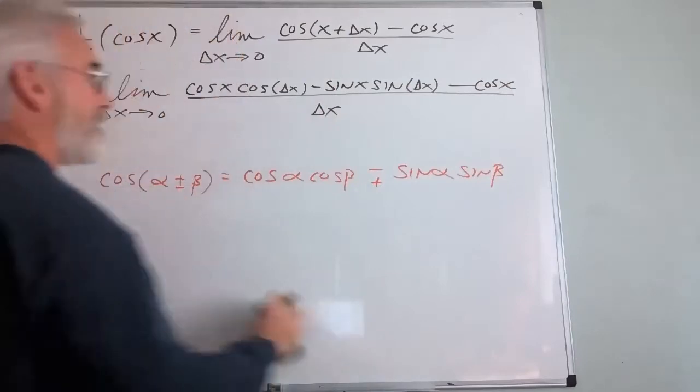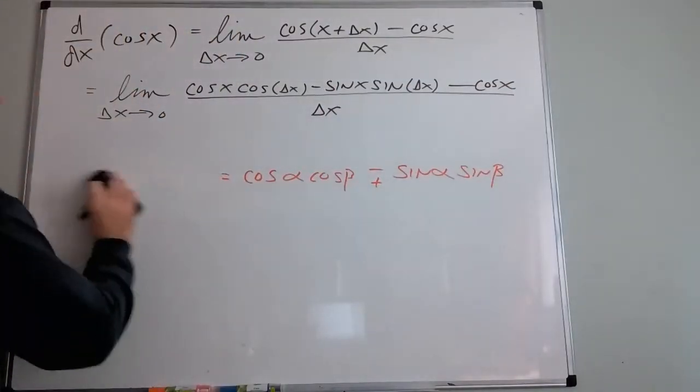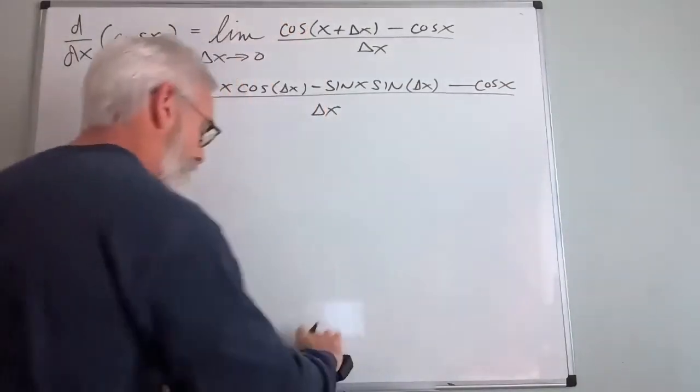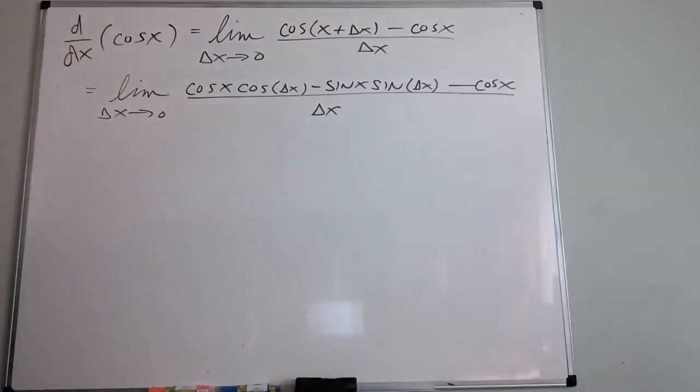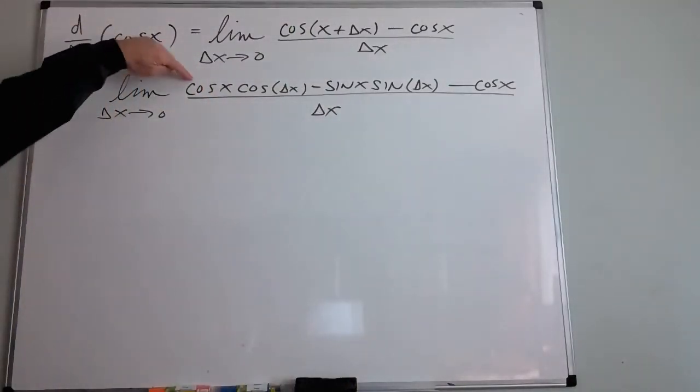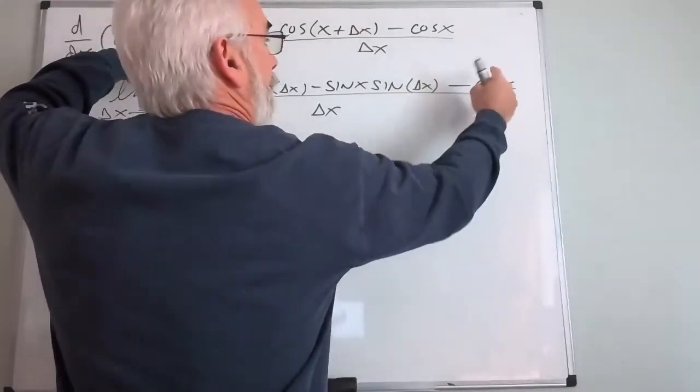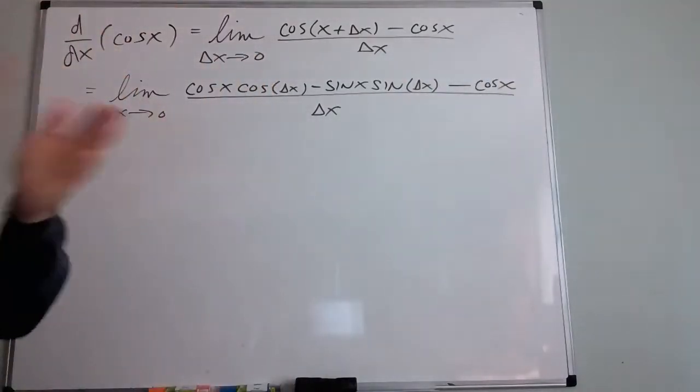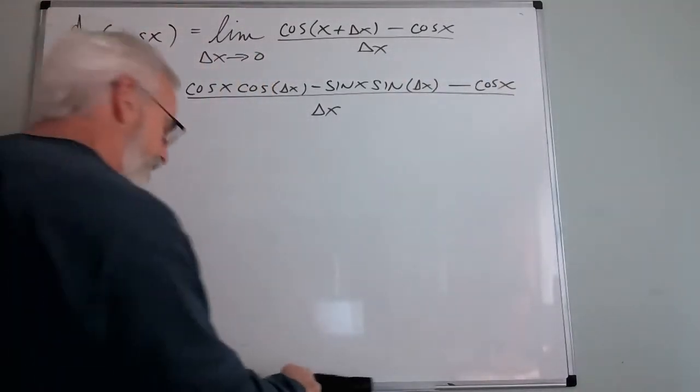Now, I haven't done any calculus yet. I just did an expansion of a simple trig formula. But now if we attack this like we did the last one, notice that I have a cos x here and a cos x here. I'll go ahead and break these up again so the cosines are together and then factor it.